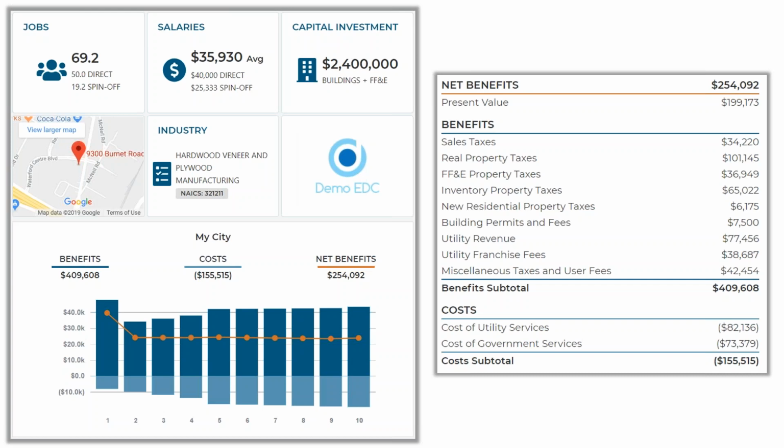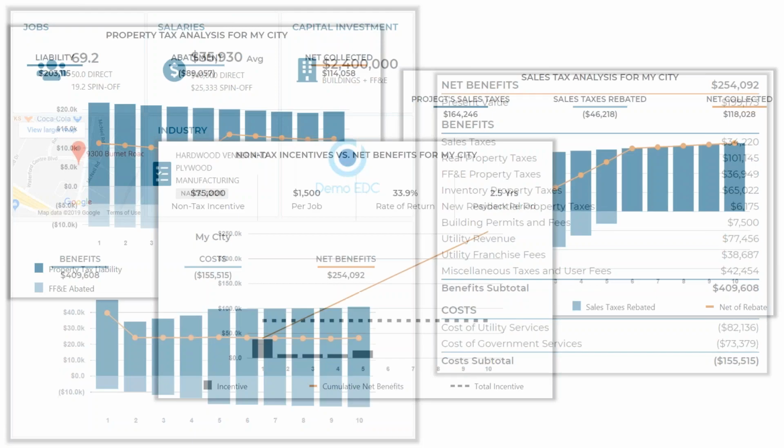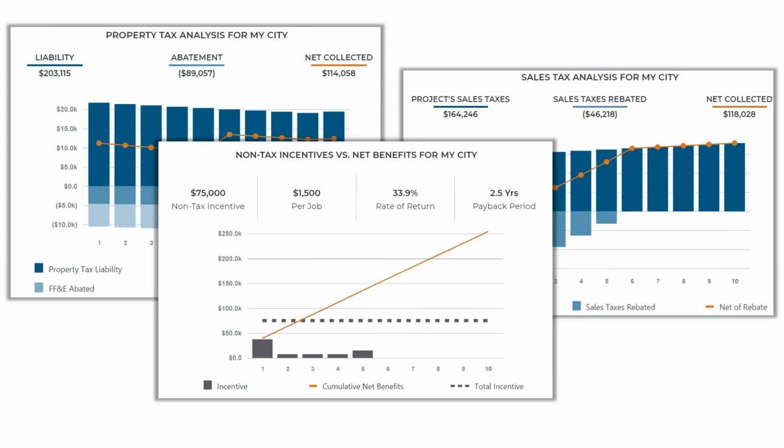Now, for a lot of economic developers, that might be a huge step forward in what they're doing. But Impact Dashboard lets them go even a step further by looking at incentives and saying, look, if you're going to offer a tax incentive of some type, that might feed back into the analysis and reduce the overall net benefits that we were looking at.